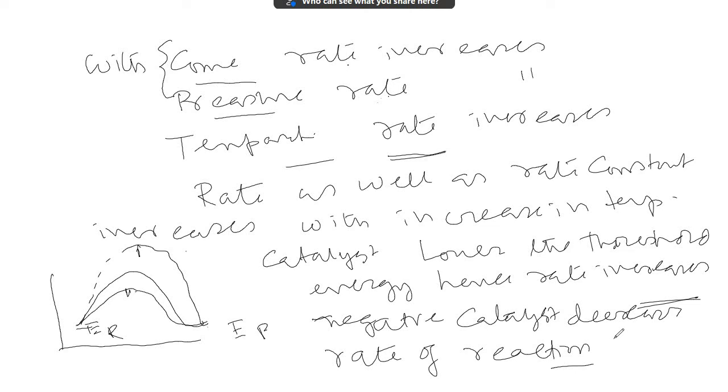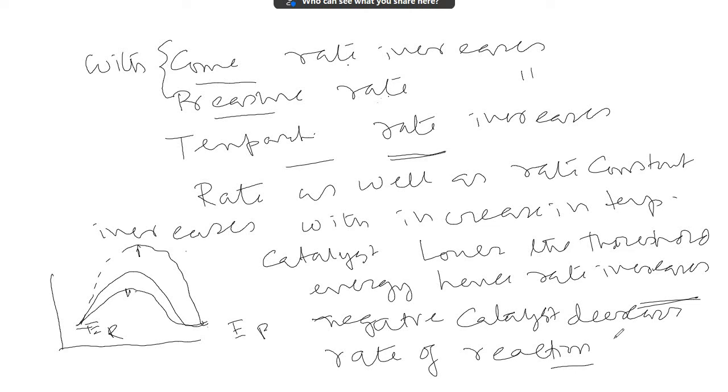Catalyst, what does a positive catalyst do? It lowers the activation energy, so more molecules can pass the barrier, making the reaction faster. After that, we have done the negative catalyst. Negative catalyst raises the activation energy.